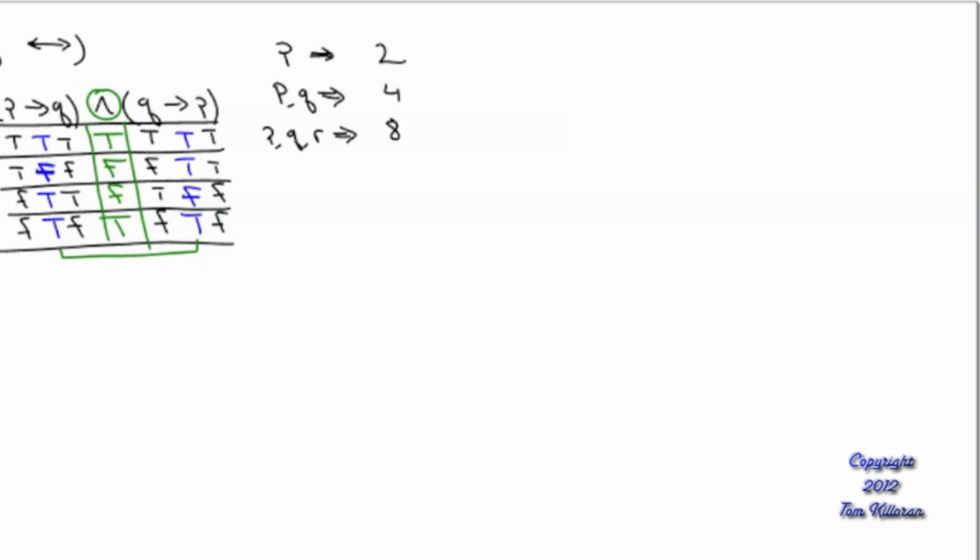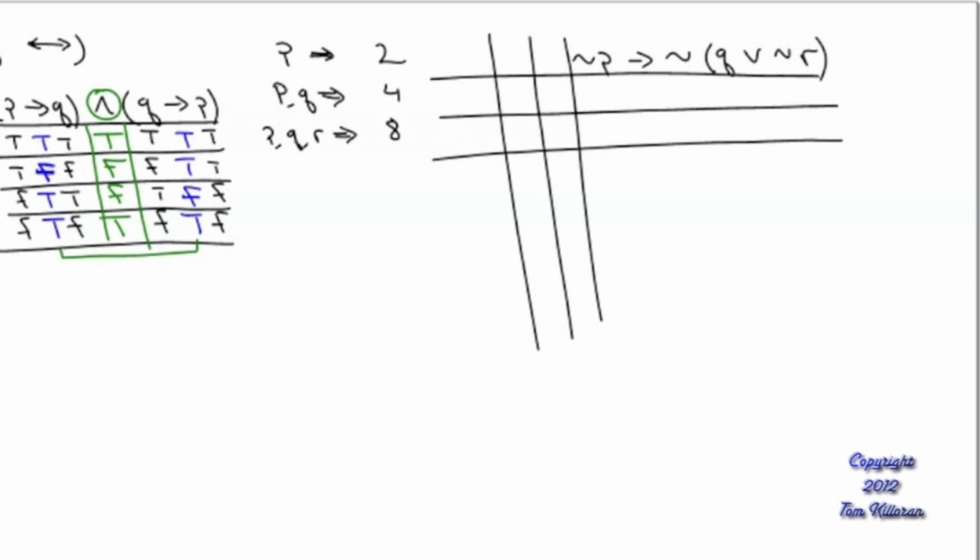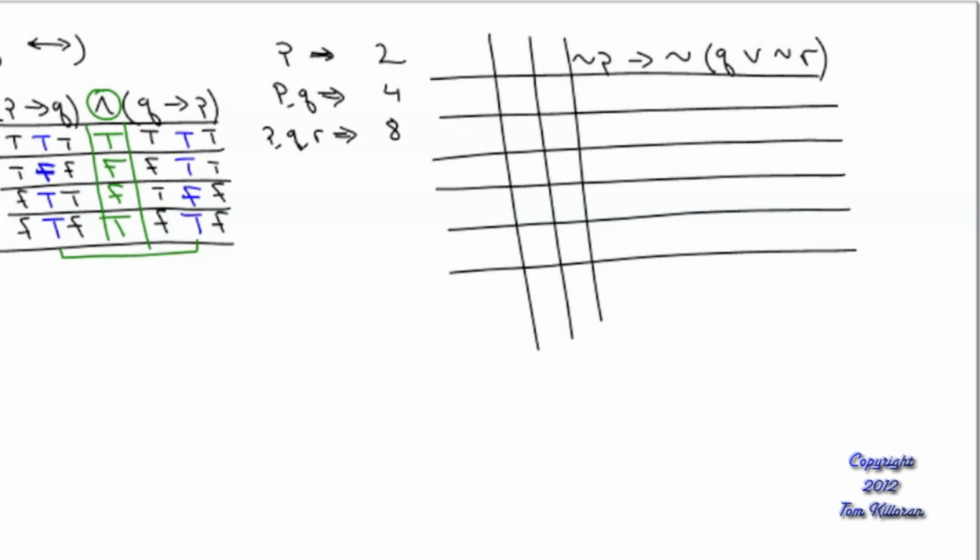So let's say, for instance, I have this statement, and I want to come up with a truth table for it. I already know there's going to be 8 lines: 1, 2, 3, 4, 5, 6, 7, 8.